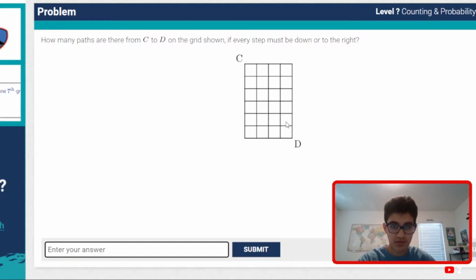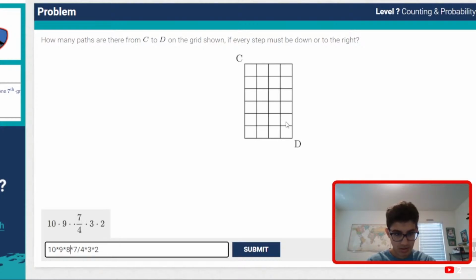How many paths are there from C to D? So how many moves do you have to make in total? It's 1, 2, 3, 4, 5, 6, 7, 8, 9, 10. So it's 10 choose 4, or 10 choose 6 is probably easier. 10 times 9 times 8 times 7, now you divide it by 4 times 3 times 2.